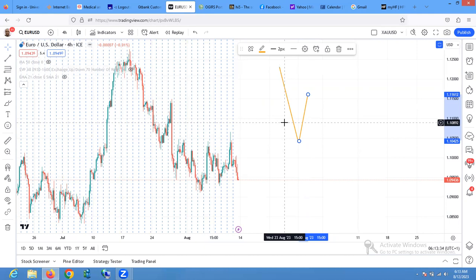But the best approach is to first look at the higher time frame, then you can begin to downgrade to the lower time frame. On the higher time frame, you might know this is the overall direction of the trade. But again, you want to get the intermediate direction, the immediate direction. So all these things are what you have to learn.